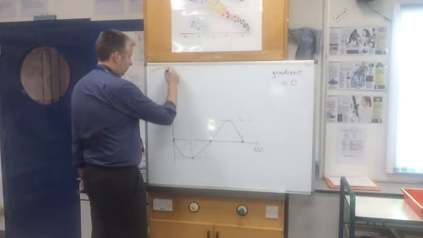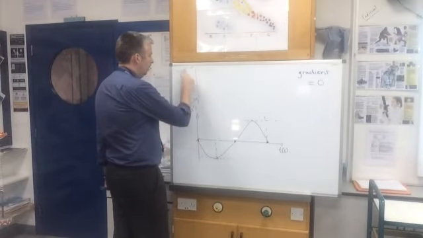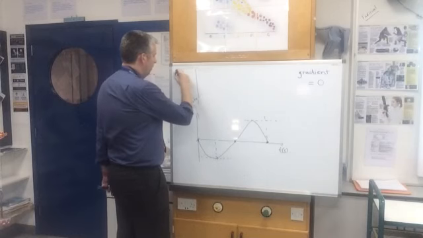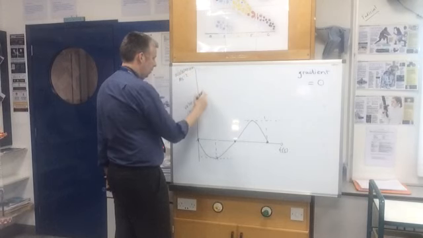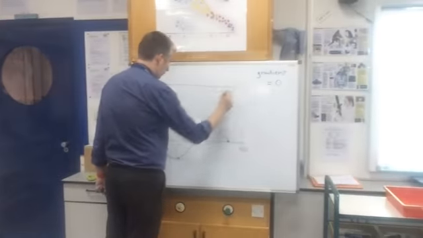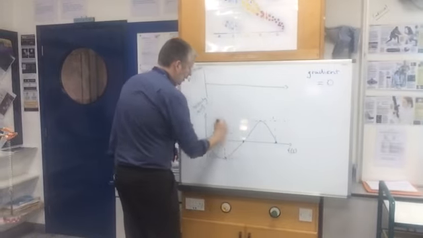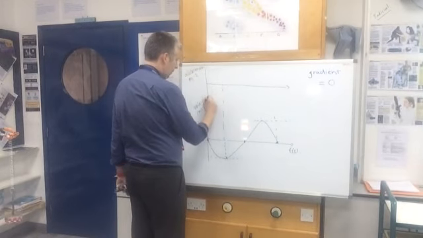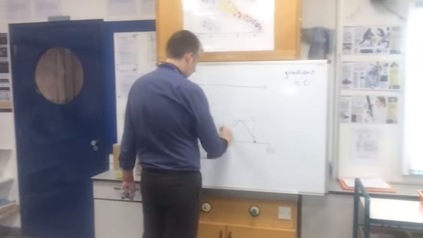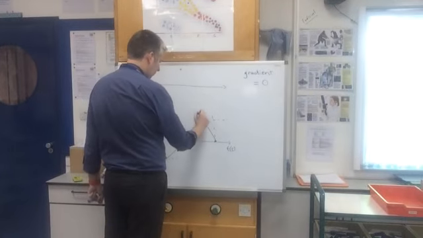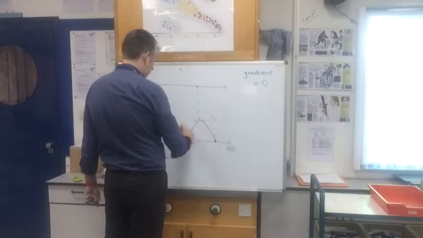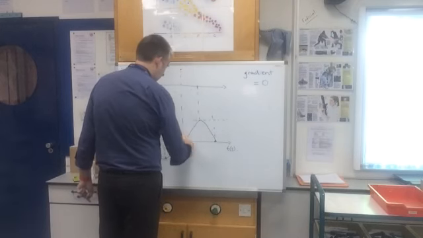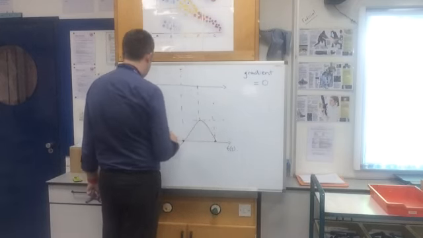So up here, instead of displacement, we will have acceleration in meters per second squared, and this will be at 0, this will be our maximum negative, this will be our maximum positive, this again will be 0, and this will be our maximum negative.